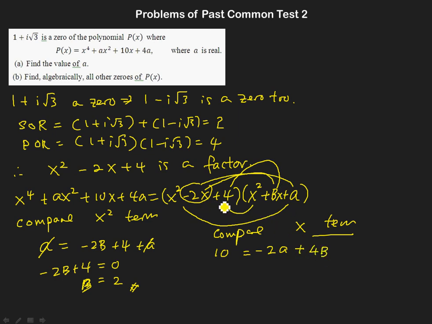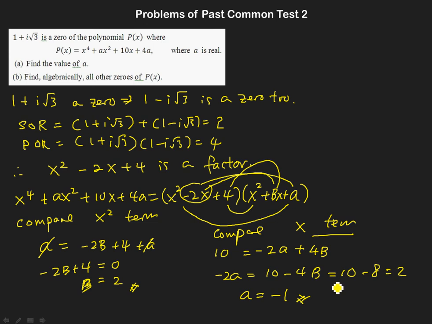Check here, there. That's no more. That's the only way. So that means negative 2a is 10 minus 4b, but we know b is 2, so this is 10 minus 8, which is 2. That means a is negative 1. So we have b equals 2 and a equals negative 1.